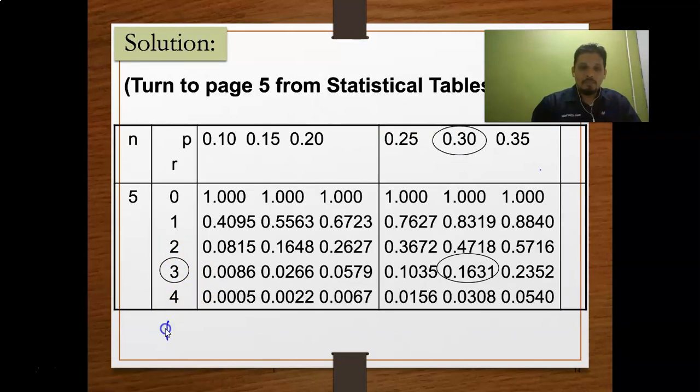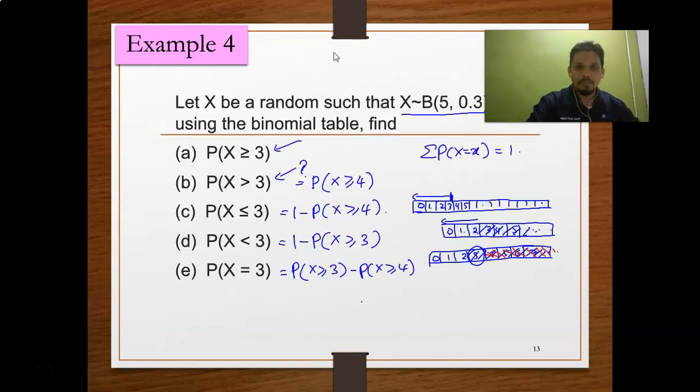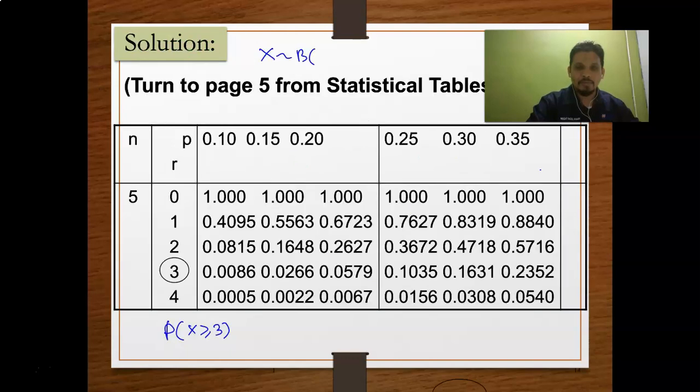Just now the question was that x is binomially distributed with number of trials 5 and p equal to 0.3. The number of trials is 5 and p equal to 0.3.